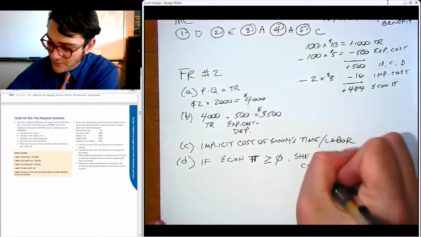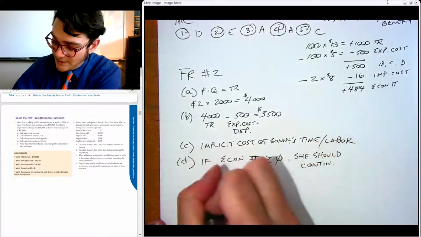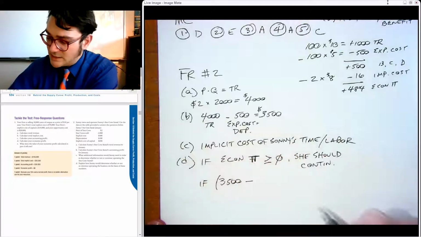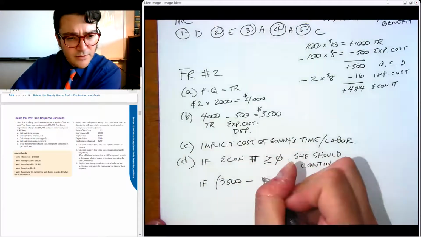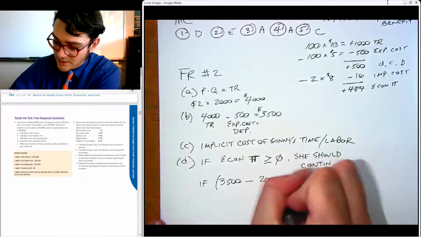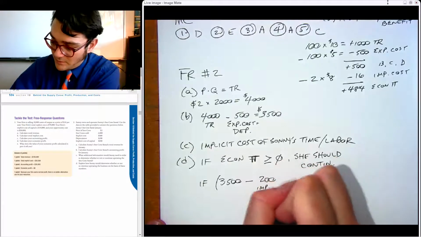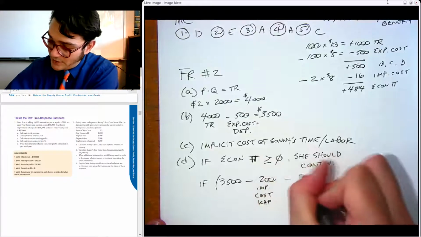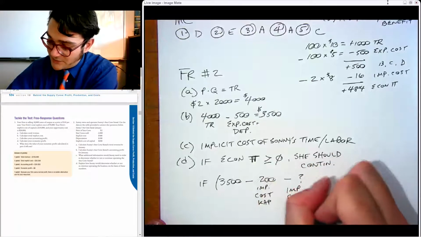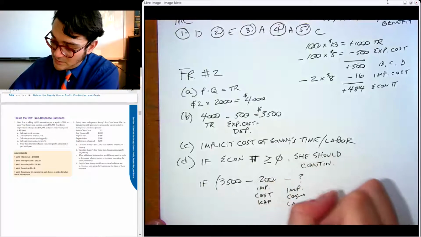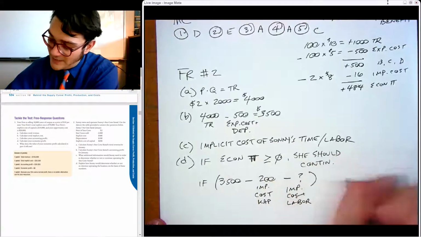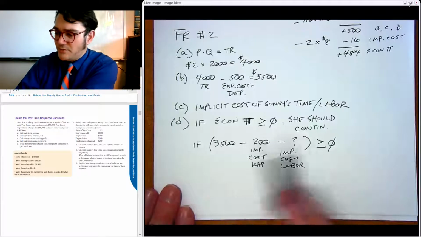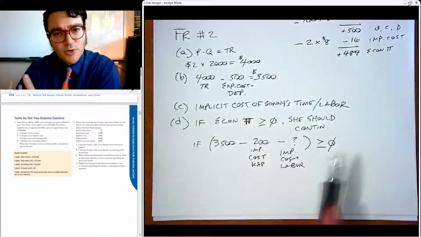So we'd say if 3,500 minus the 200, which is the implicit cost of capital, and then minus whatever her implicit cost of her labor is, if that is greater than or equal to 0. And so we would kind of need to know what her implicit cost of labor is to solve that.